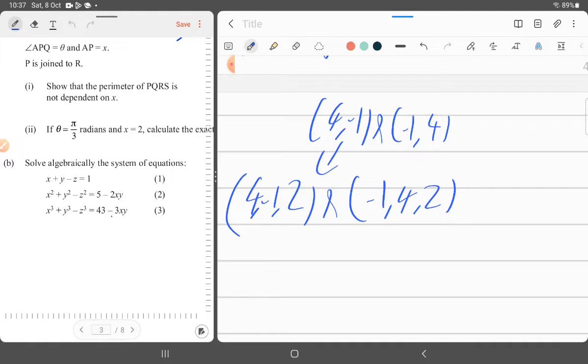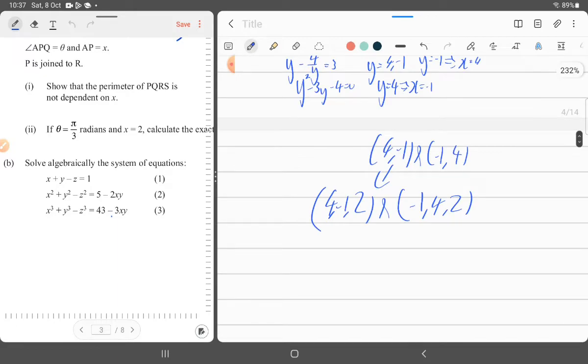X squared plus y squared take away z squared equals, what's 5 take away 2xy, that's 13. X cubed plus y cubed take away z cubed is 43 take away 3xyz. Okay, yeah, that's good.